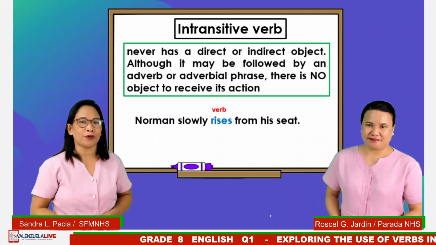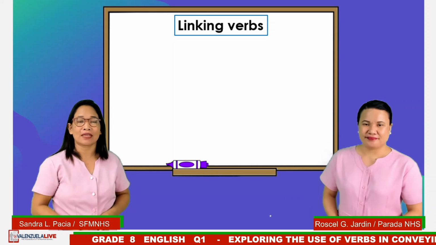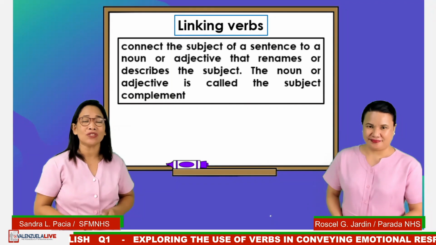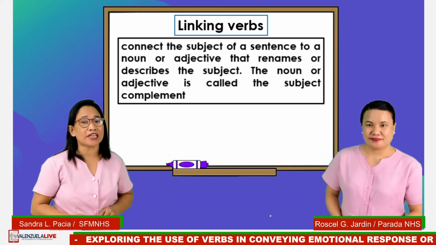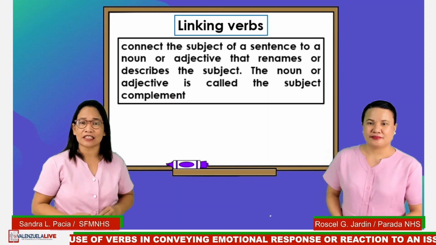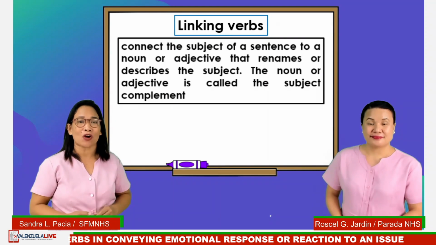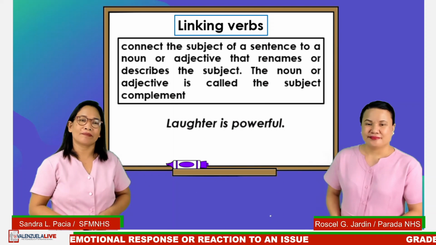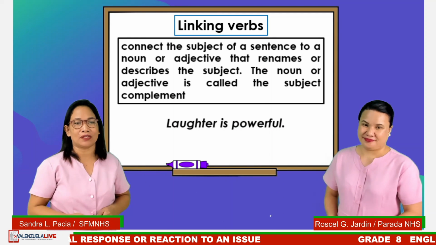Another type of verb is the linking verb. Linking verbs connect the subject of a sentence to a noun or adjective that renames or describes the subject. The noun or adjective is called the subject complement. Take a look at this example. Laughter is powerful.